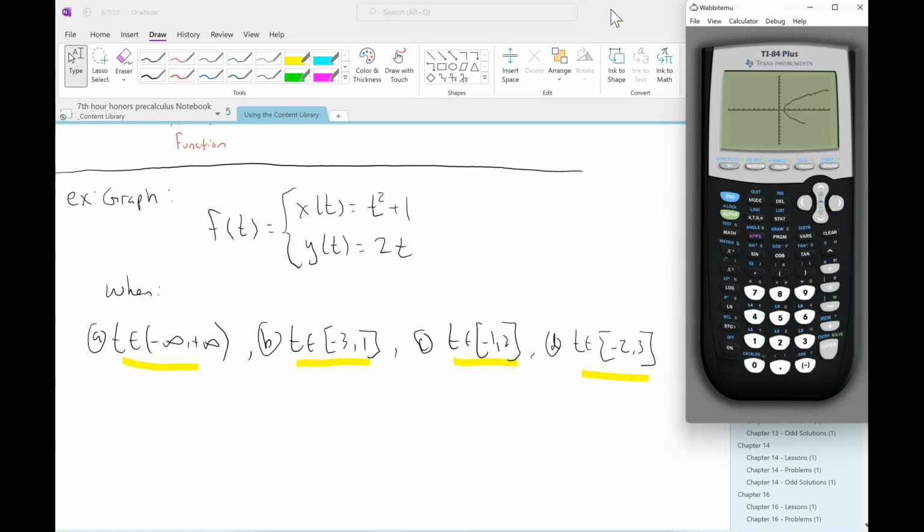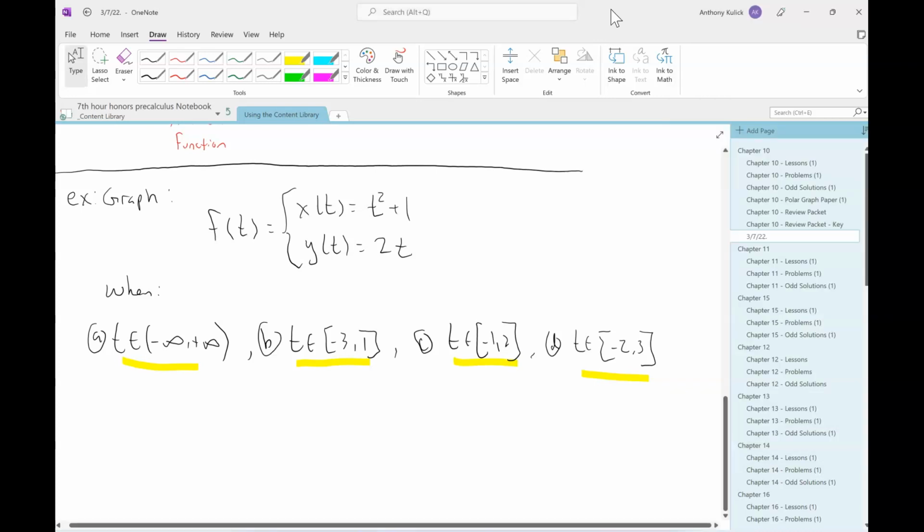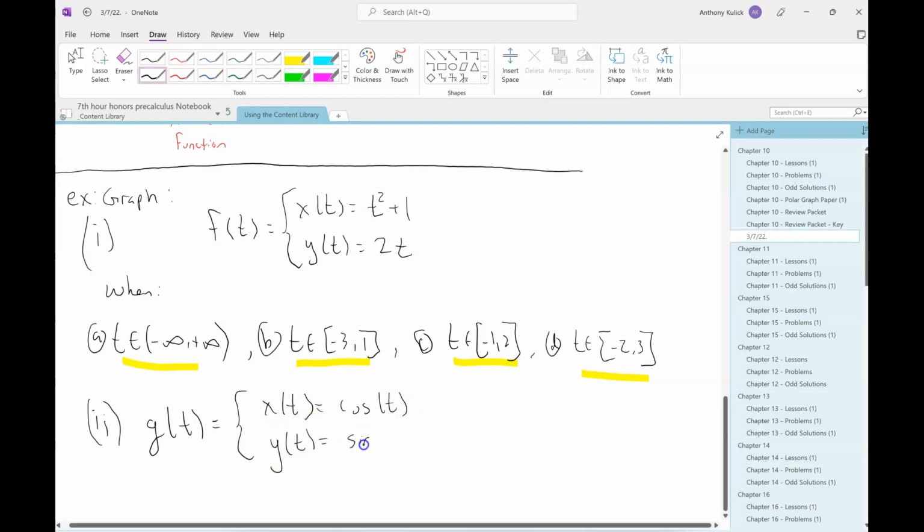Let's do another example here. In a sense, you guys are already kind of familiar with a parametric function.